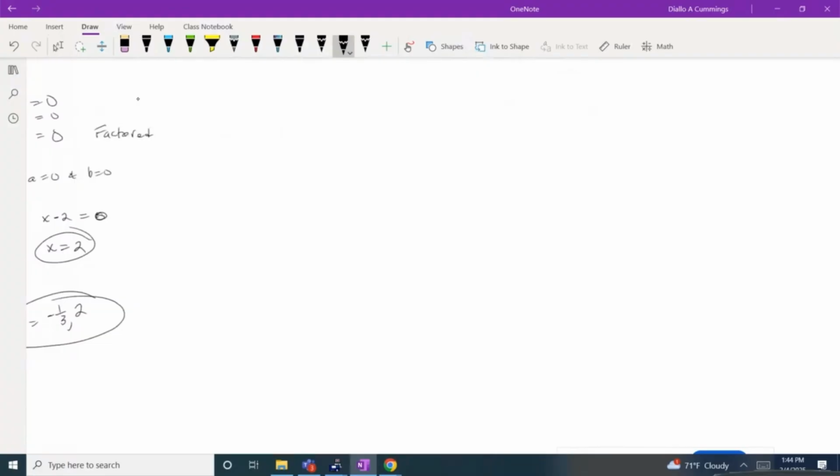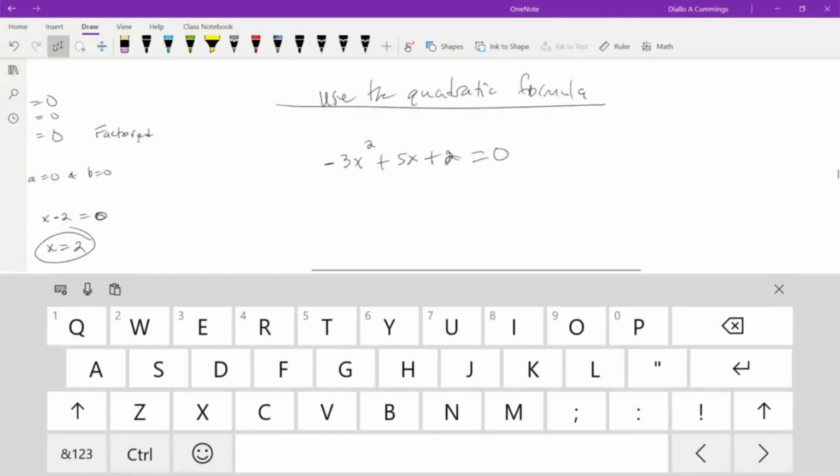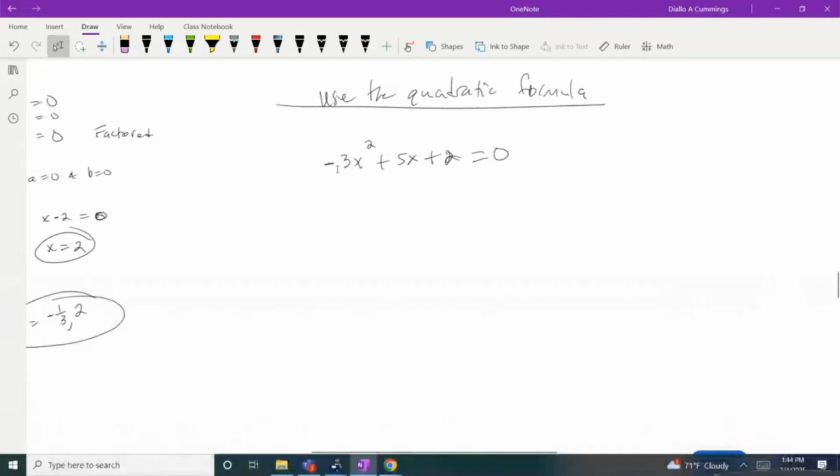Here it is: negative 3x squared plus 5x plus 2 equal to 0. So the only thing you really have to do in using the quadratic formula is make sure it's set equal to 0. Well, let me just be correct. Let me put it in standard form.